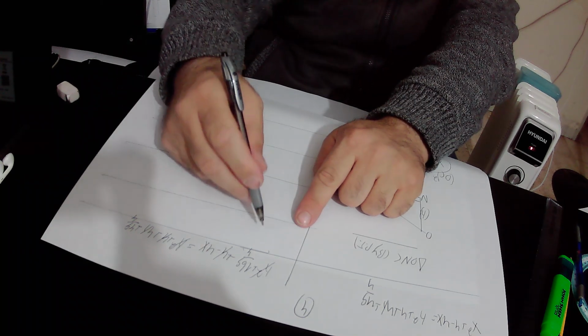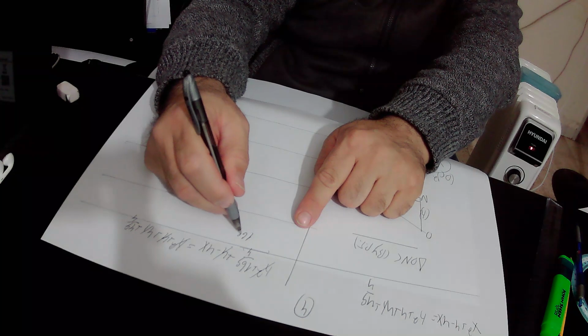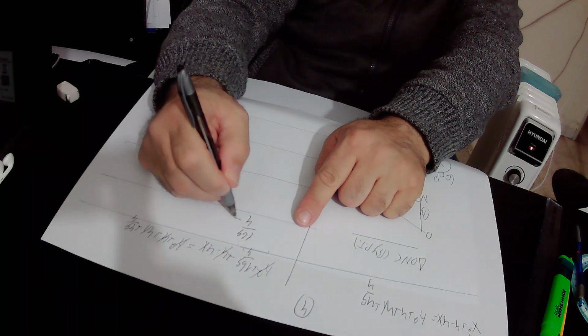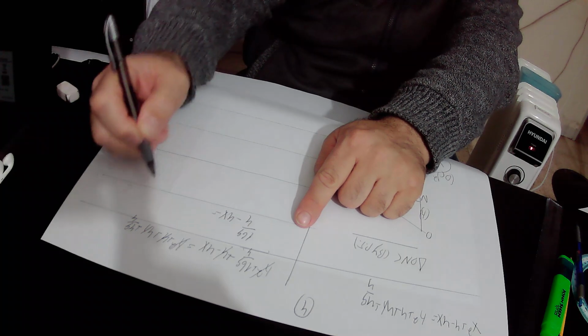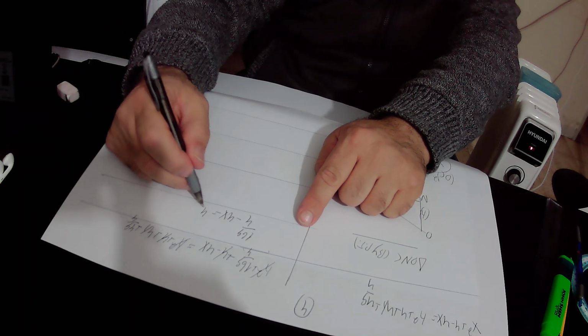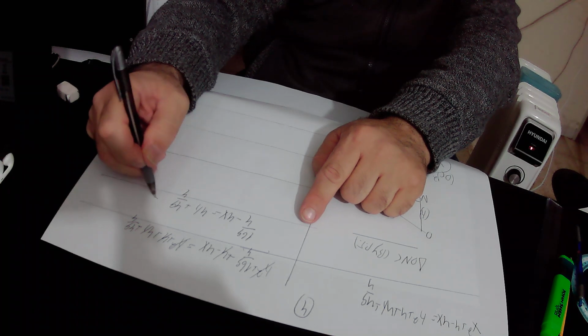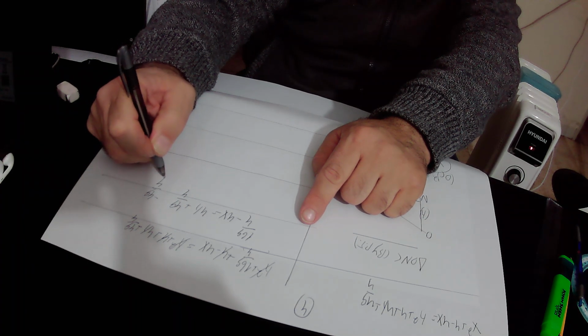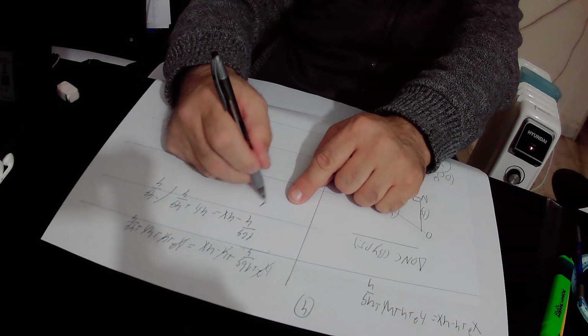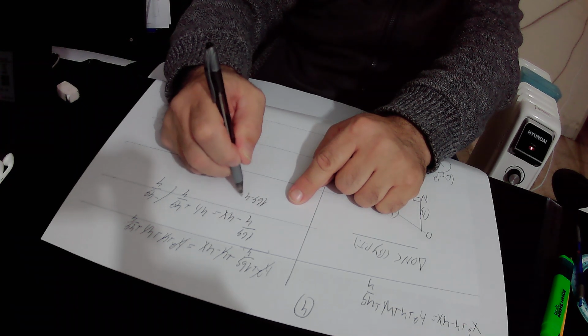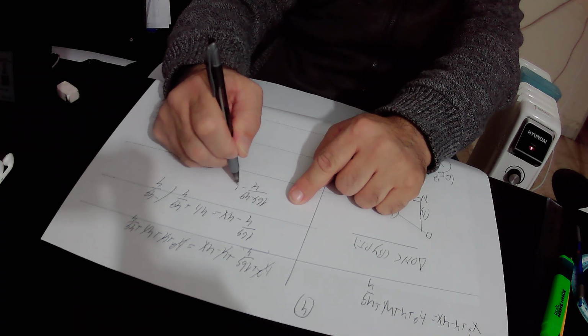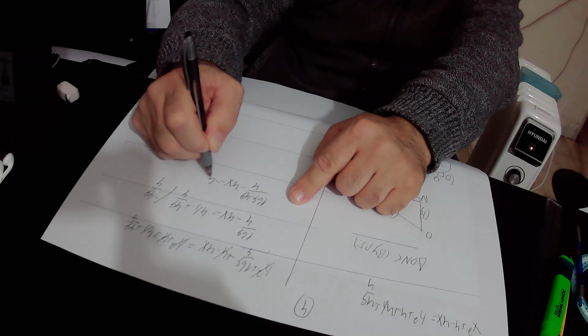On this side of the equation we are left with only 169 over 4 minus 4x, that equals 4h plus 49 over 4. Here we subtract 49 over 4 from both sides and we get that (169 minus 49) over 4 minus 4x equals 4h.